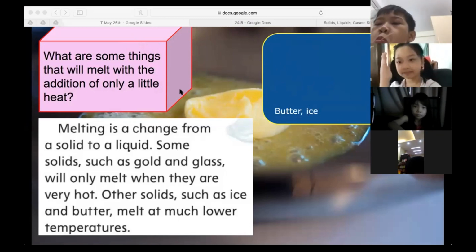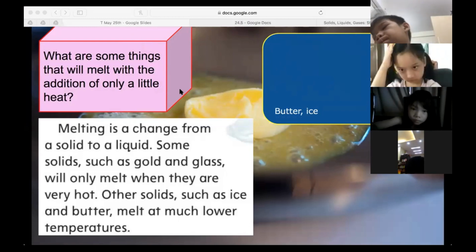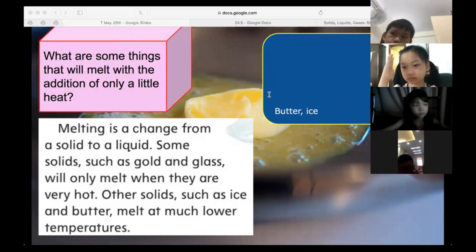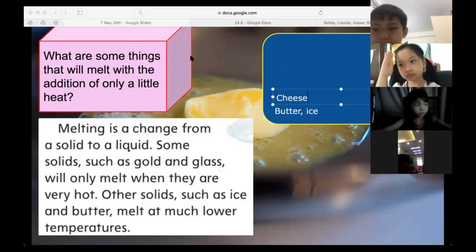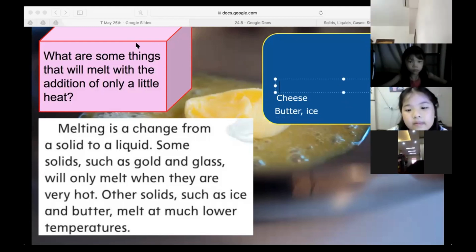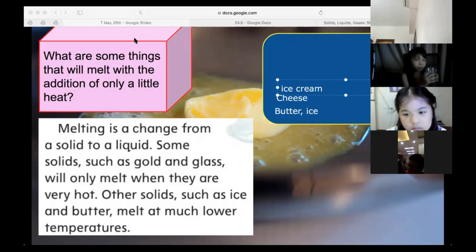Banana, do you have another one? Cheese. Cheese, excellent, very good, Banana. Jack, what do you think? Zook? Ice cream, excellent. It doesn't have to be that warm to melt ice cream.